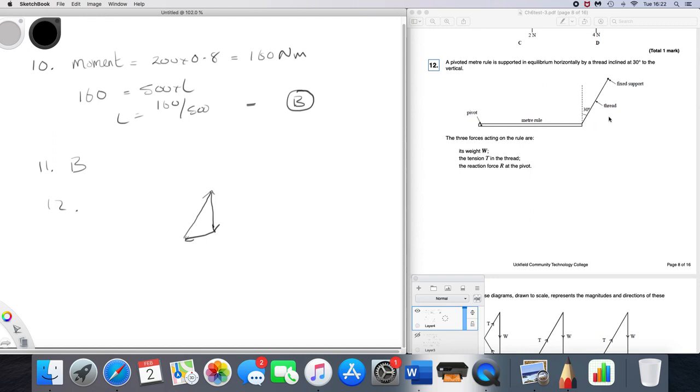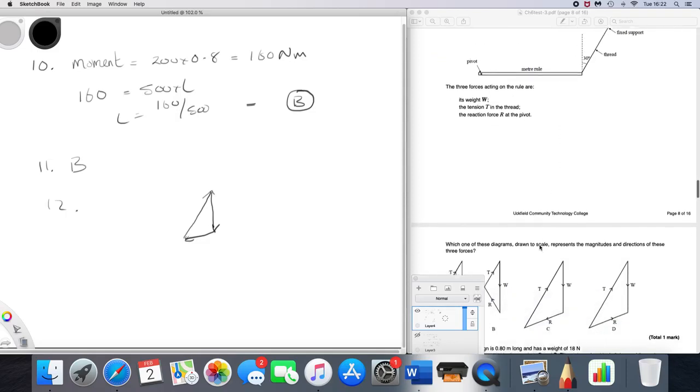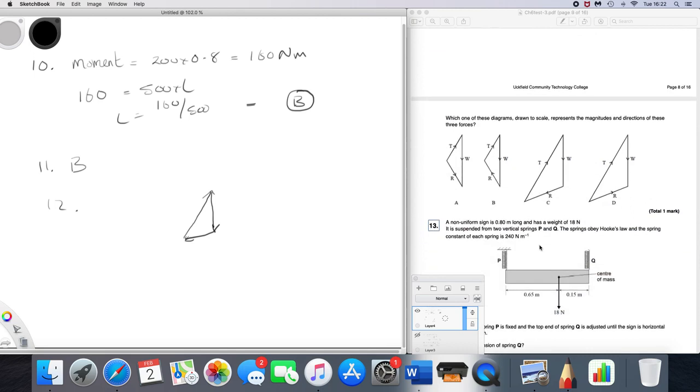That's going to be our moments. So T cos 30 is going to make T smaller. And you'd expect that anyway. So W must be our hypotenuse. And therefore our answer is B.